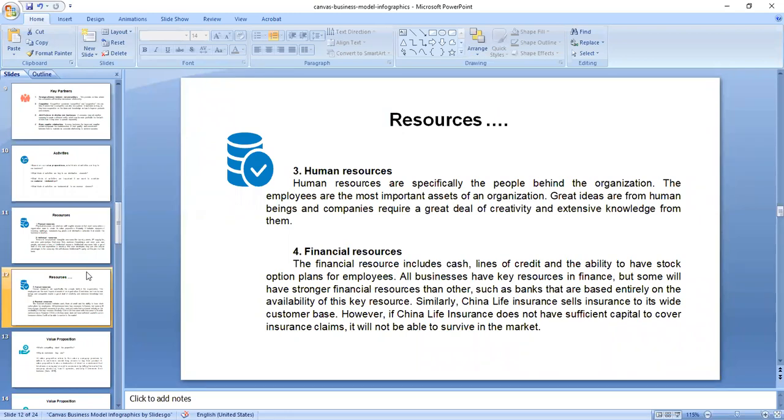This is a given. So the financial resource includes your cash, the lines of credit, and the availability to have stock options plan for employees, for those that have offerings. Okay, all businesses have key resources in finance, but some will have stronger financial resources than others, such as the banks that are based entirely on the availability of this key resource.